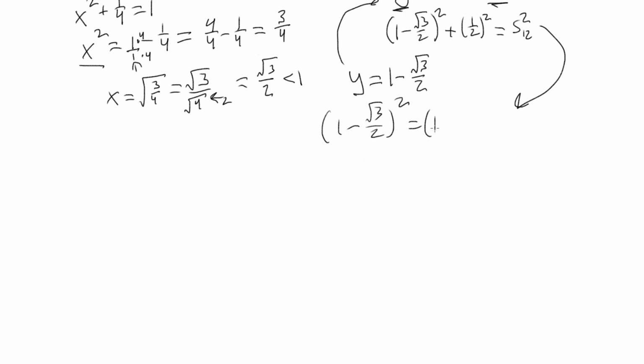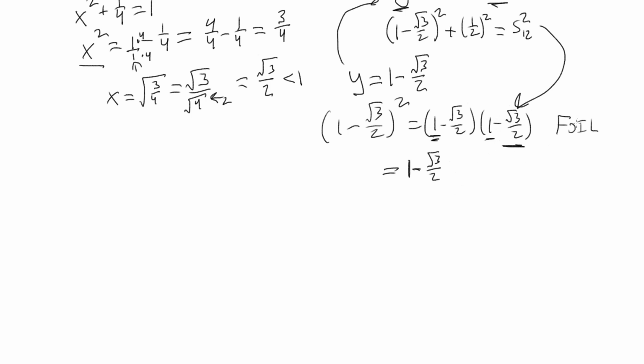Well, I can rewrite it as 1 minus square root of 3 over 2 times 1 minus square root of 3 over 2. And so I'm going to use the FOIL method for multiplying binomials. So I'm going to multiply the first two together. We're going to get 1. Then we're going to multiply the outer two together. So a 1 and a negative root 3 over 2, so minus square root of 3 over 2.